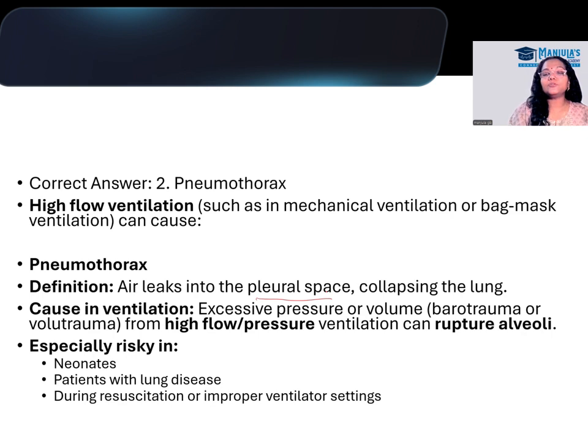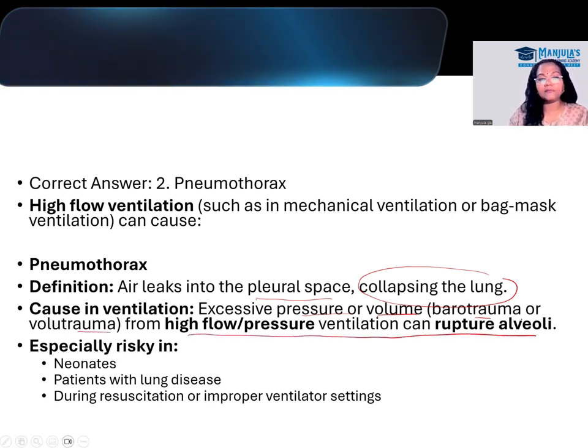So the problem with pneumothorax is that air will push the lung to one side, creating the collapse of the lung. Now, when you are using mechanical ventilation or even bag and mask ventilation, if you give excess pressure or excess volume, it can lead to barotrauma or volutrauma because of the high flow pressure ventilation, and that can cause rupture of the alveoli.